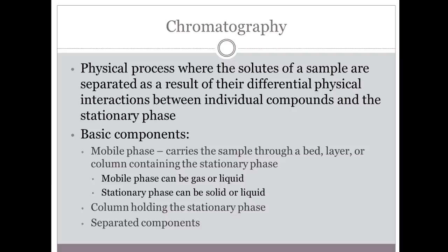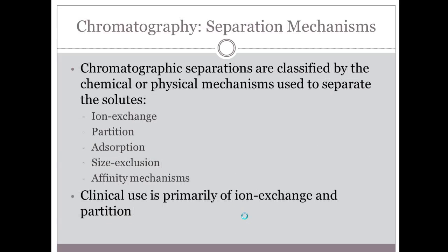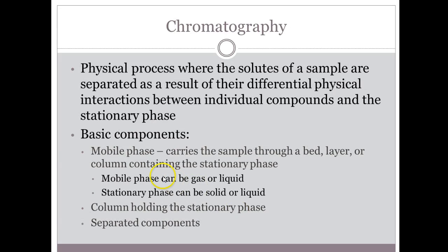But chromatography is a physical process where the solutes of a sample are separated as a result of their differential physical interactions between individual compounds and the stationary phase. The basic components are the mobile phase, which could be something like a liquid or gas, and then we have the stationary phase, which is a solid or a liquid.